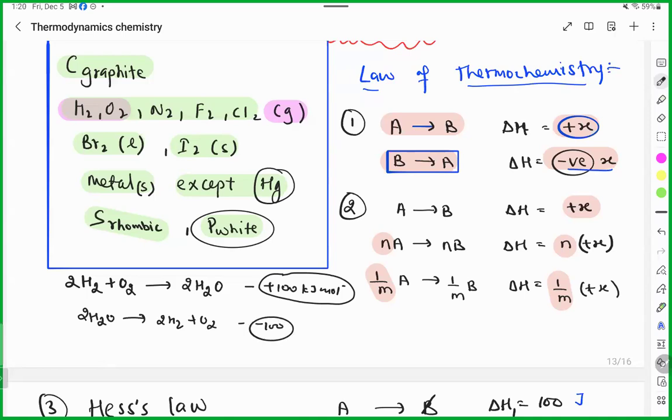You have one question in PYQ from this one. You have to reverse it.